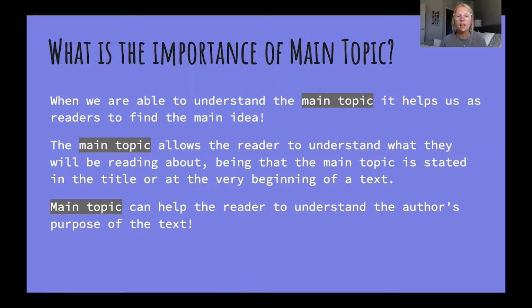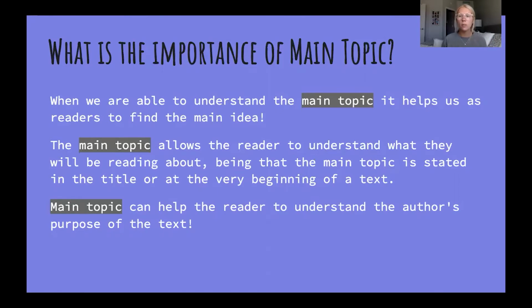The main topic allows the reader to understand what they will be reading about, being that the main topic is stated in the title or at the beginning of a text. So the main topic is normally stated at the very beginning of our text or even in the title.